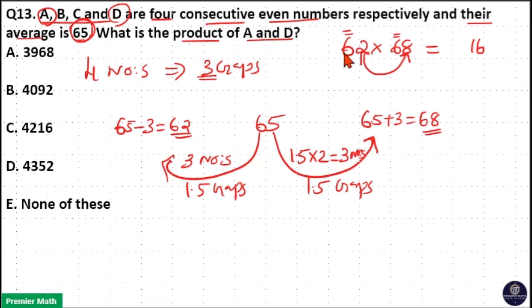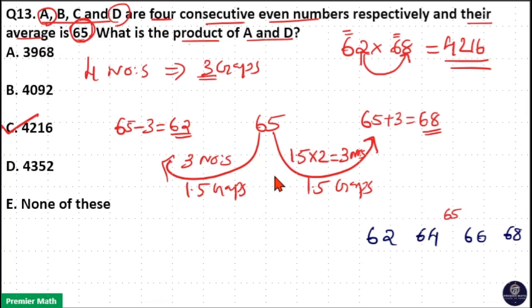Now add 1 to 6, that is 6 plus 1, 7. So 7 into 6, 42. So this is your answer. So option C is your answer. Here ABCD is 62, 64, 66 and 68. Now I wrote 65, the average, in the middle. You can see there are total 3 gaps between 4 numbers.